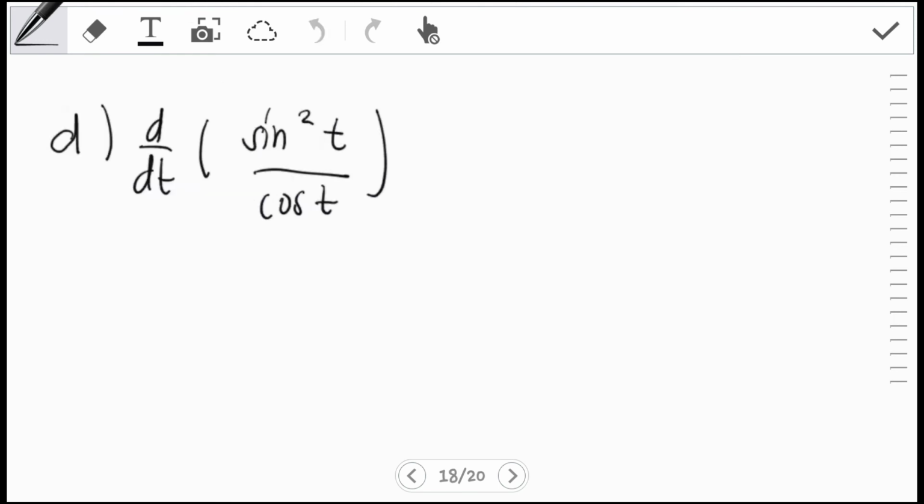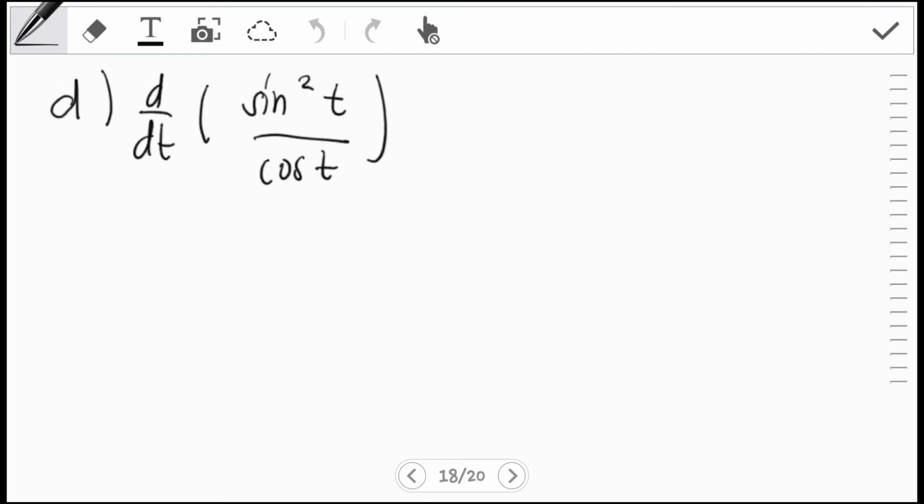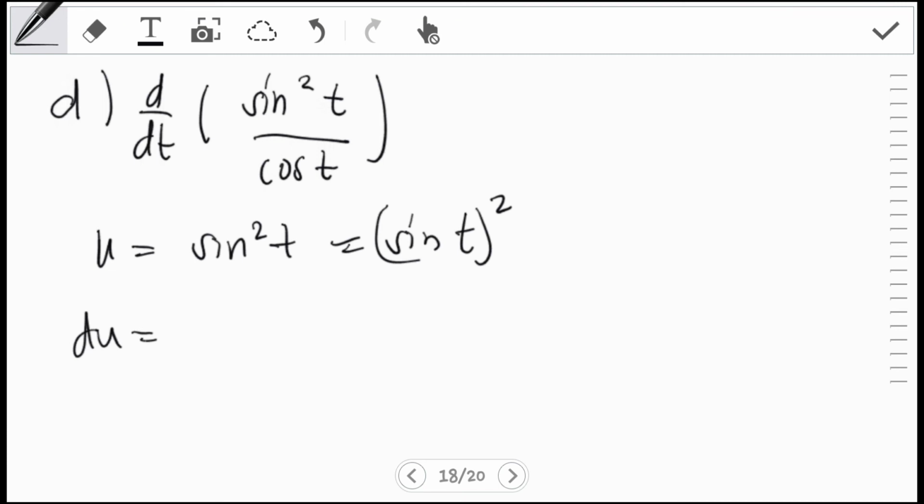Next problem, what is the equivalent of d over dt of the quantity of sine squared t over cosine t? Let u equal sine squared t, or the quantity of sine t to the power 2. So du here is 2 sine t, the derivative of sine, which is cosine t dt.